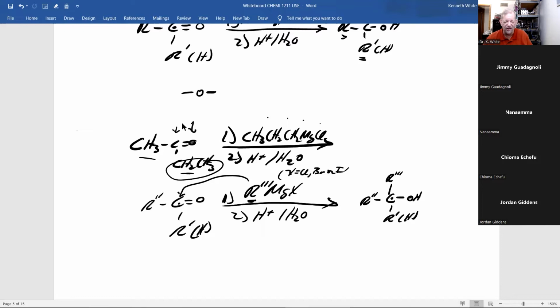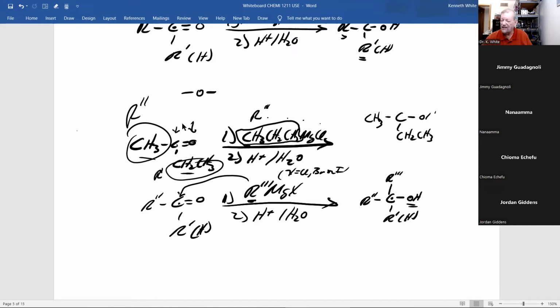So what's R prime? That. What's R double prime? That. What is R triple prime? That. So what's attached to the carbonyl carbon? R prime, ethyl. R double prime, methyl. Then we'll have an alcohol. And no oxygen here.